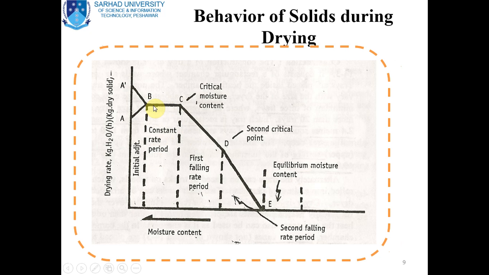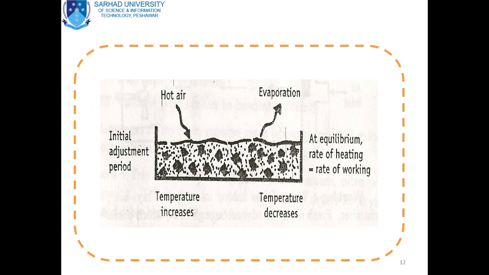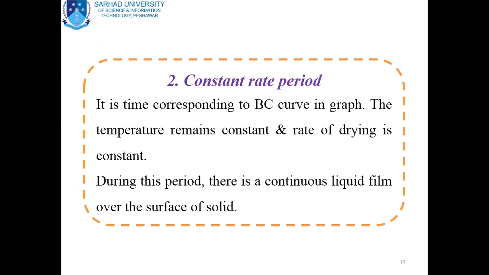What is meant by BC? Now we have to explain what is meant by BC, which is the constant rate period. That is the time corresponding to BC in the graph, where the temperature remains constant and the rate of drying is constant.